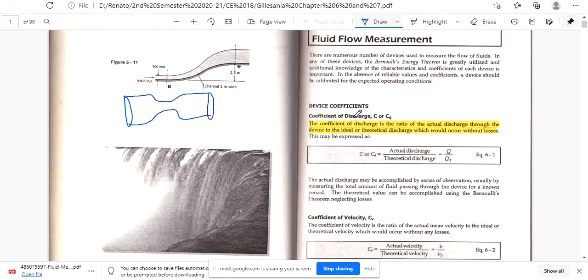So ang makuha nimo nga discharge ani, that is the actual discharge, QA. So nganong QA man, because you are using the device. Meaning, ang imong makuha sa mga measurement through the devices, that is the actual nga discharge.